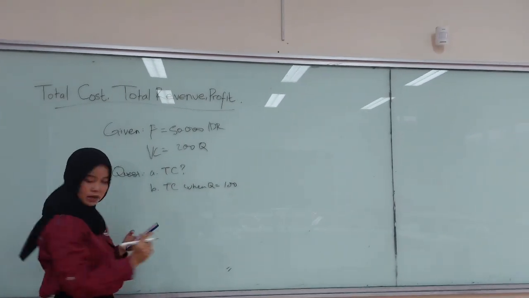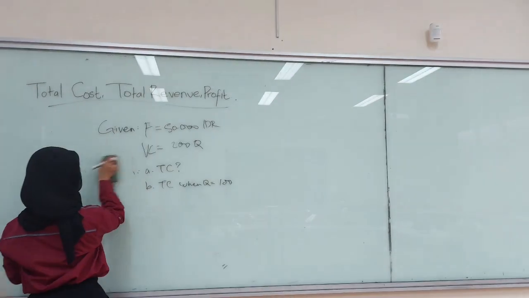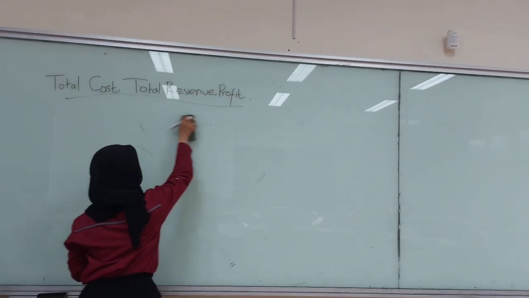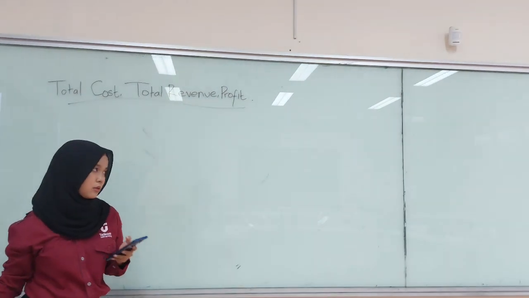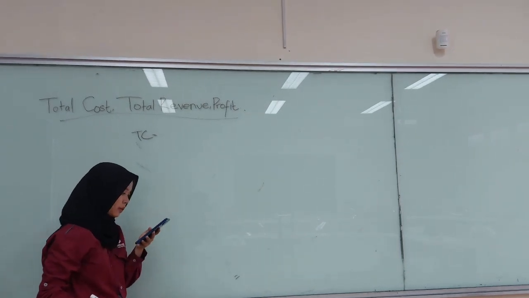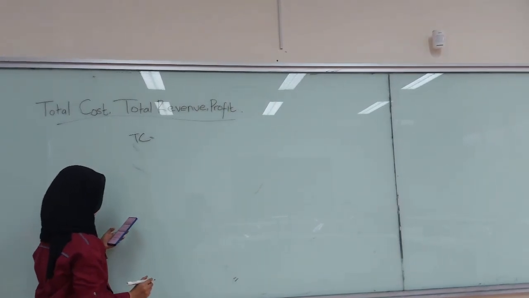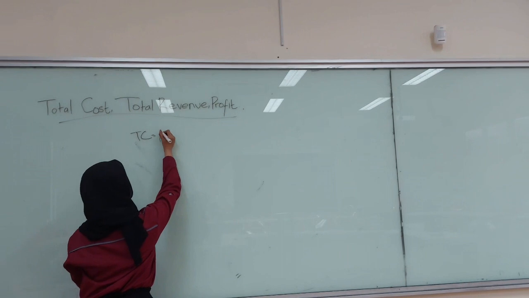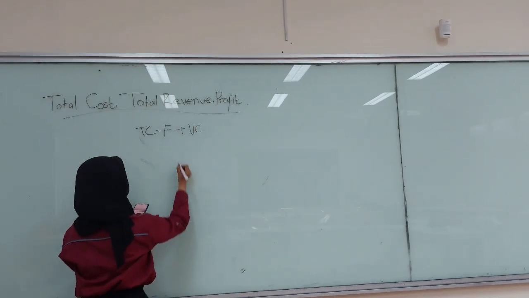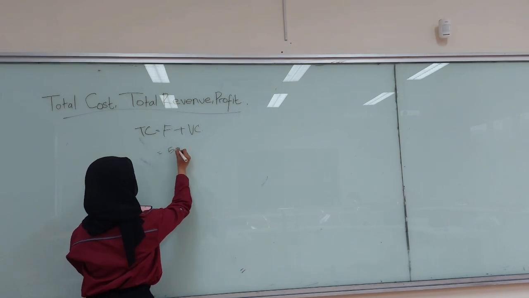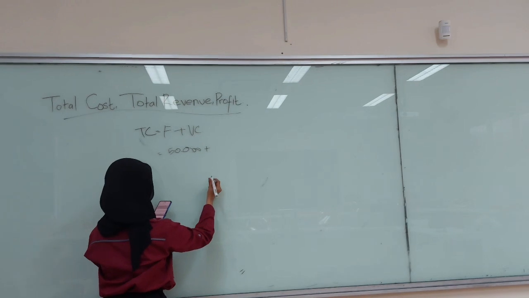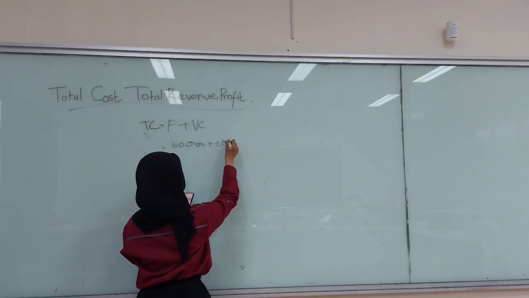For A, the answer is we're going to find the TC, or total cost. The total cost we find from fixed cost plus variable cost, which is 50,000 plus 200Q.